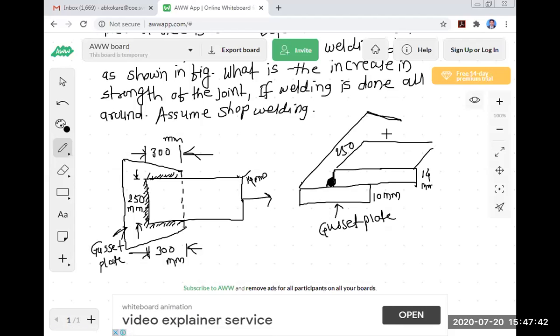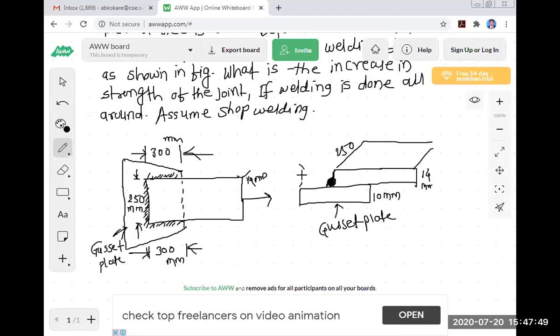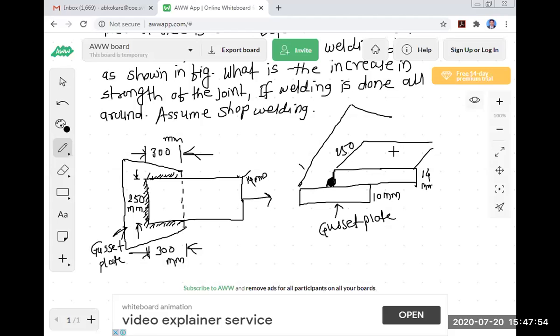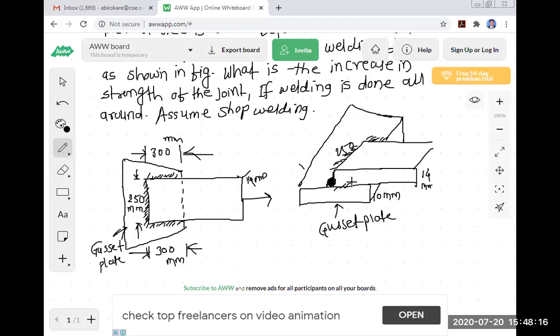See, I have drawn this 3D sketch. Are you getting it now? This is the gusset plate. On this gusset plate, the 250 mm girder is connected, meaning in this area they have welded, again this area 300 mm, and again this area 300 mm.